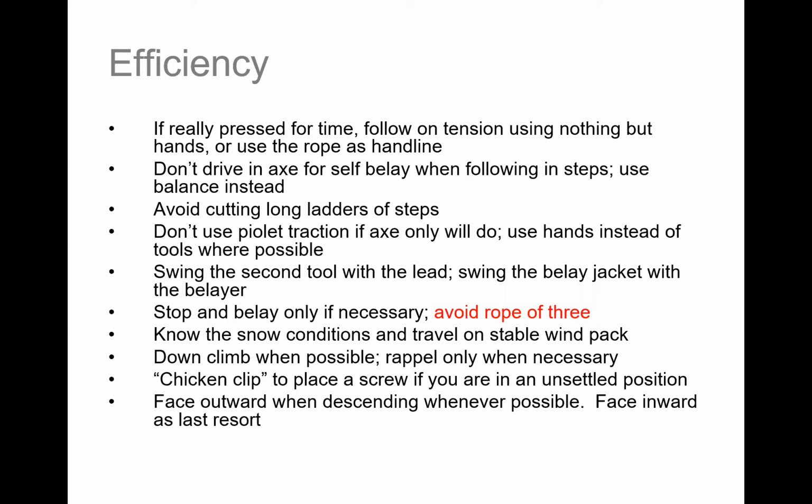That's about 10 to 15 meters of rope. So think about the fall that could result if you were to slip. If you get into a position, you put a nice screw in, you clip your personal anchor to it, and stop, rest, whatever you need to do, but stay safe.